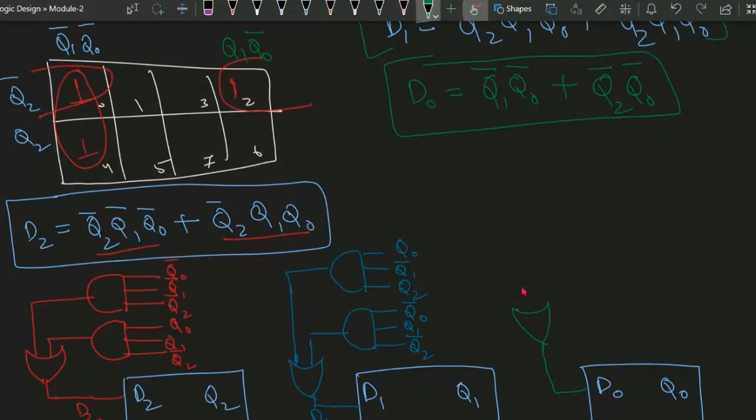So this is the OR gate, and the two inputs will be like one AND and then another AND gate.